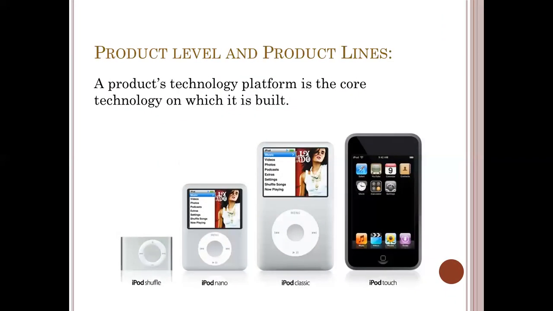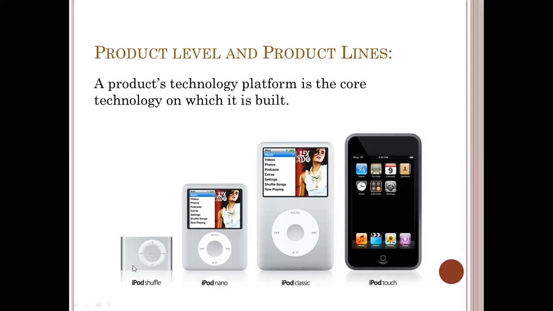So for this one, product level and product lines. A product's technology platform is the core technology on which it is built. We have here an example, the iPod, which is based on MP3 technology.